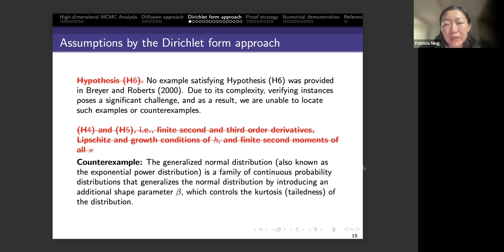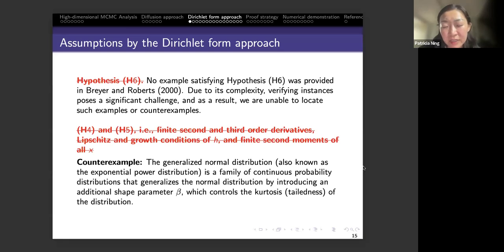To be honest, no example satisfying H6 was provided in the classical work by Breyer and Roberts. Also, due to its complexity, verifying an instance poses a significant challenge, and as a result, we are unable to locate any example or counterexample of H6.